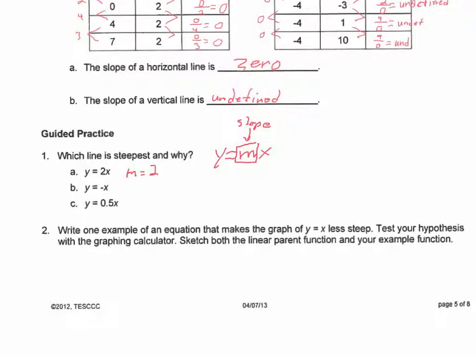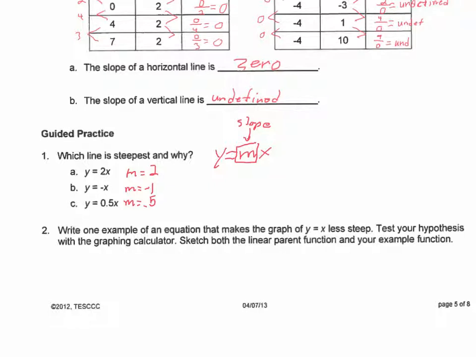In letter B, our m equals -1. Remember the ninja. And in letter C, our m equals 0.5.